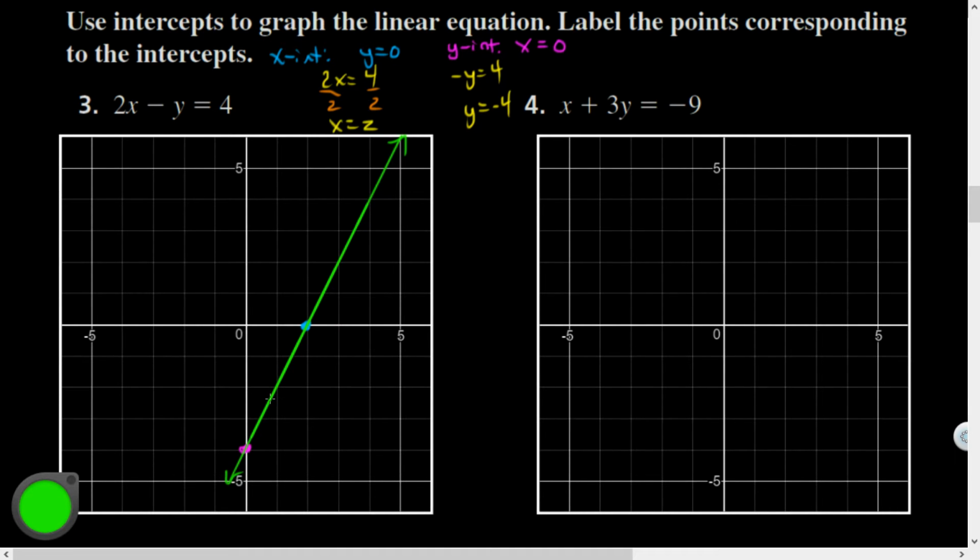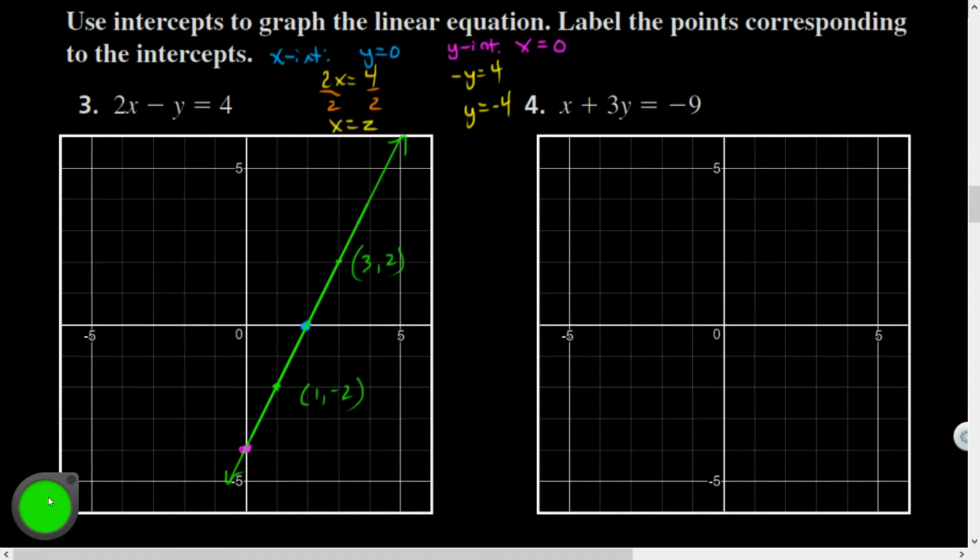And I just want to point out any of the points on this line. So here's the point 1 comma negative 2, or here's the point 3 comma positive 2. Any of these points, if I was to plug these in for x and y in this equation, they would all make the equation true. All of the points on the line represent solutions to the equation. It's a visual way of representing them.